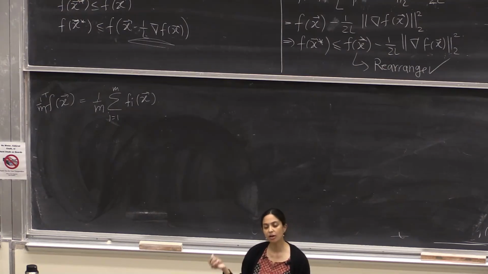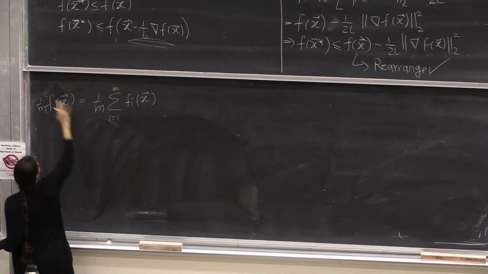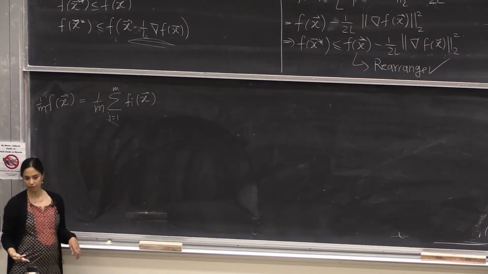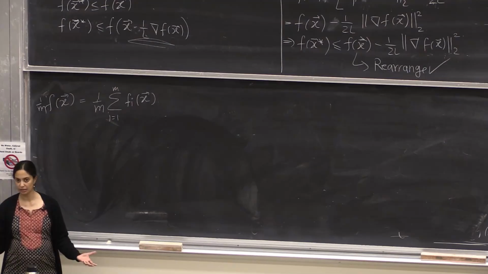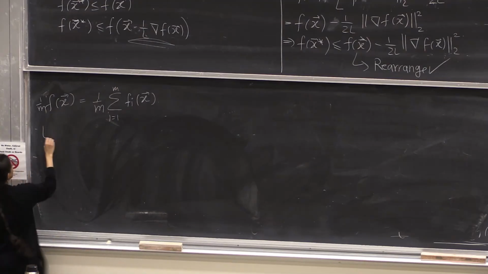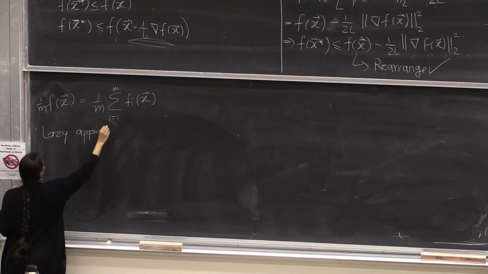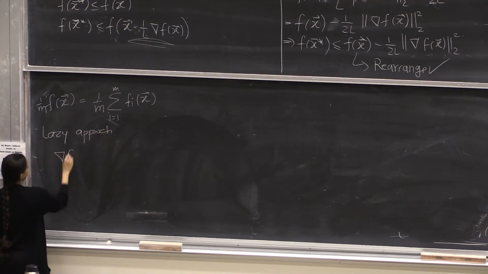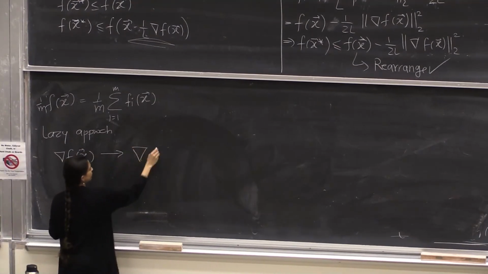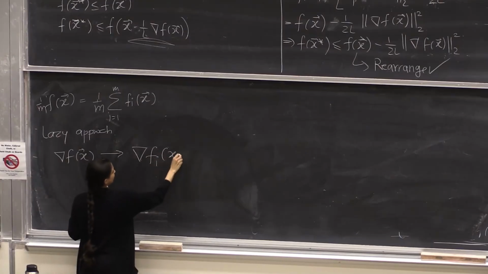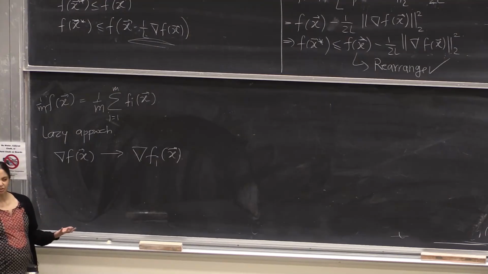And instead of thinking about this function as this whole thing, I want to think about it as the sum of m different things. And if I was to be lazy about evaluating the gradient, what I can think about is I could say, instead of considering the gradient of f of x, what if I just considered the gradient of f_i of x? Okay? I have m different things.